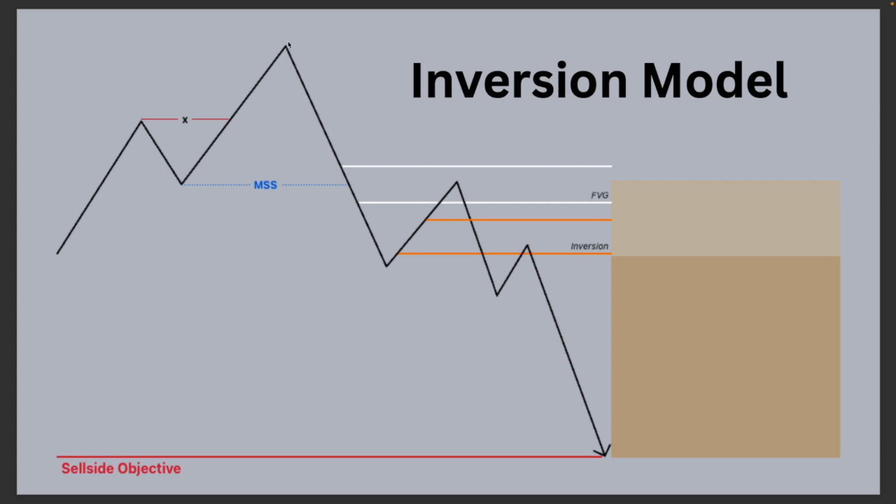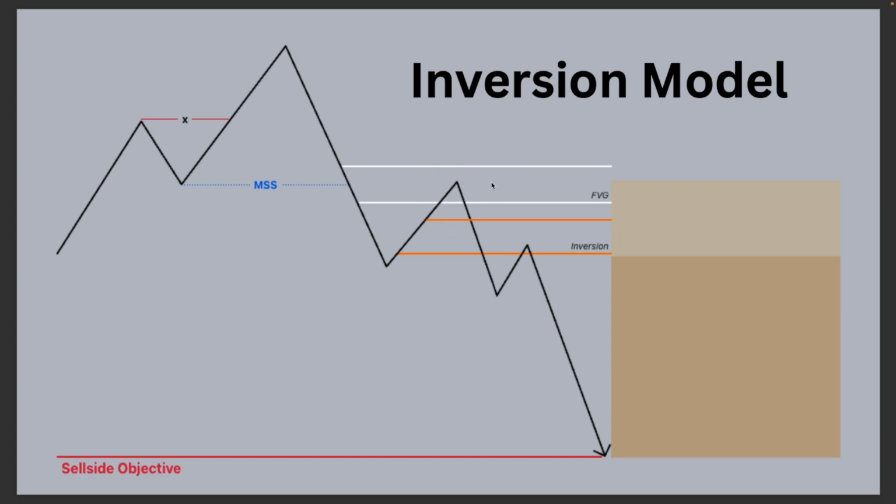So instead of having the stop loss above this swing high, we get confirmation that this is going to be resistance, the fair value gap, and then we get the inversion entry. And our stop loss instead is above this most recent swing high because we already came back to a premium.